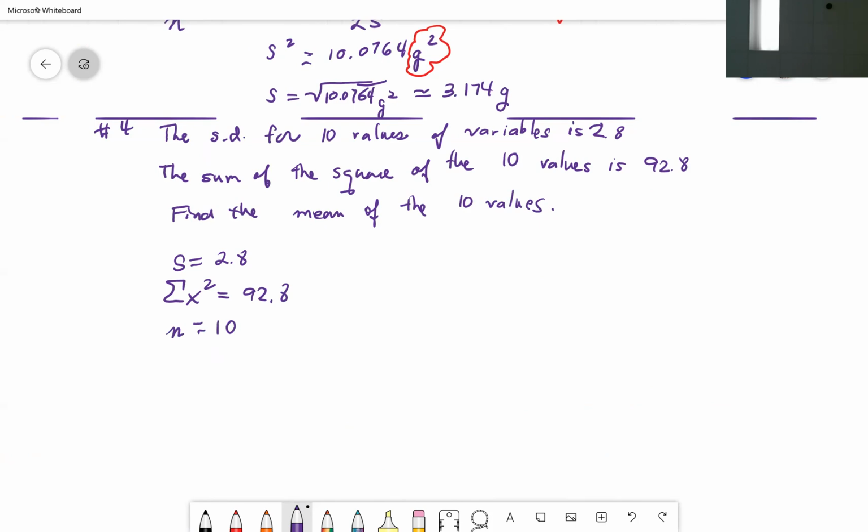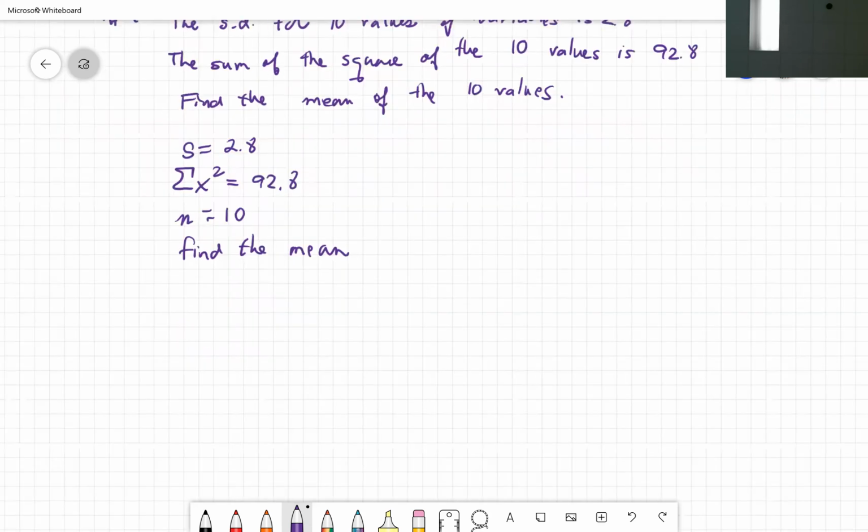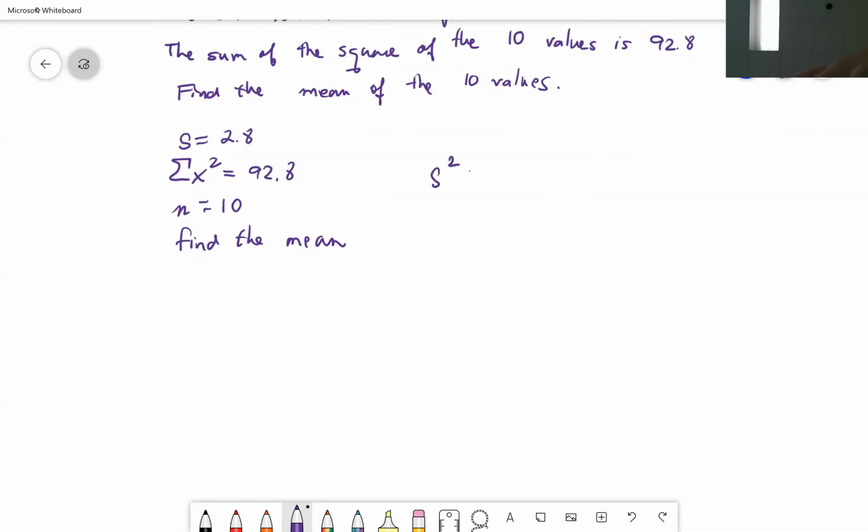Now it says find the mean. So we can say S squared equals the sum of X squared divided by N minus X bar, but squared. You could just substitute in here, or rearrange it, it's up to you.